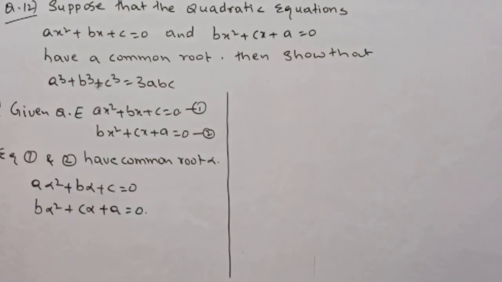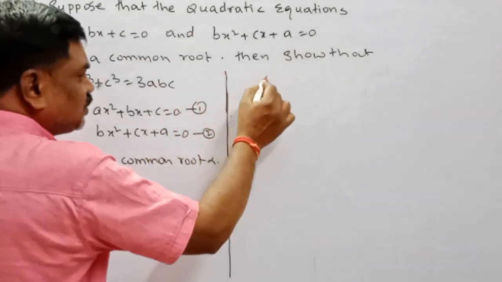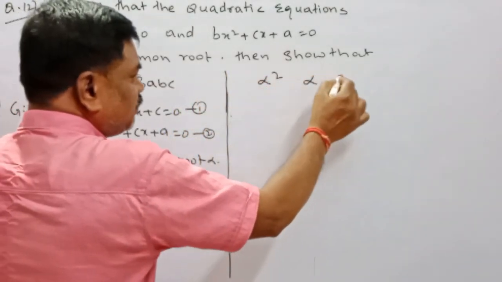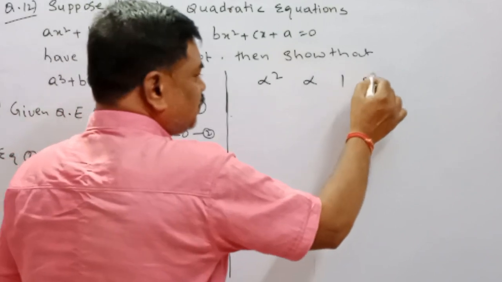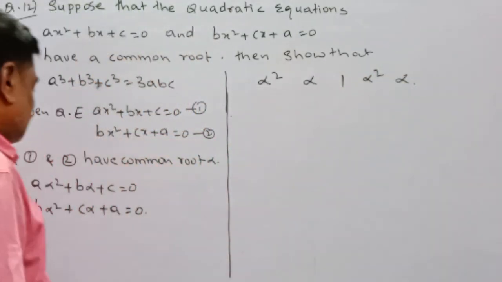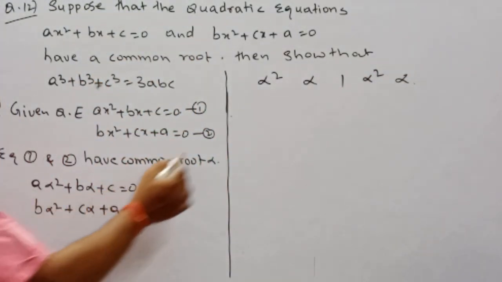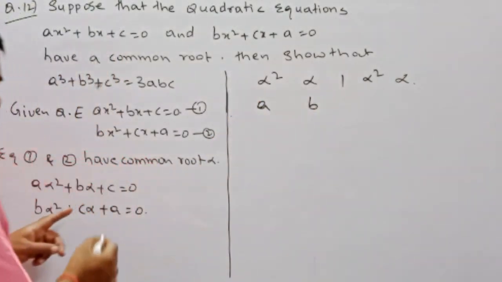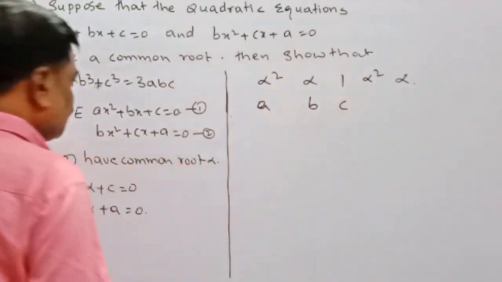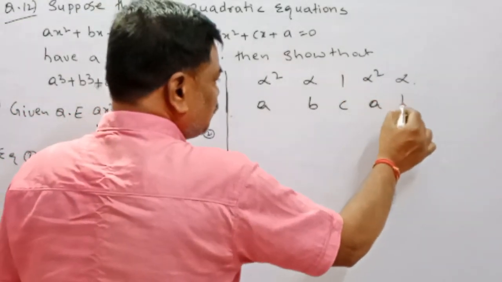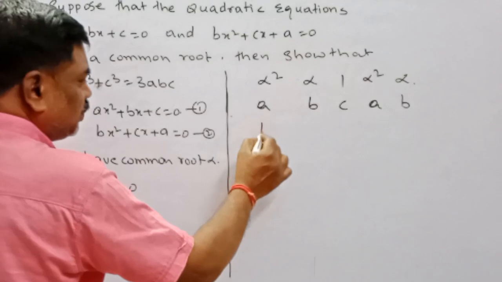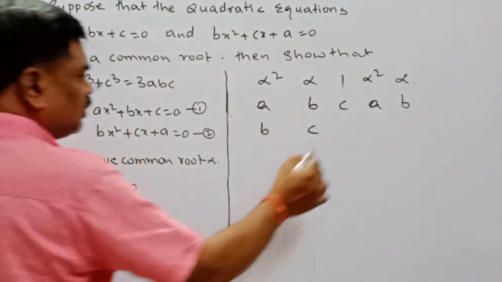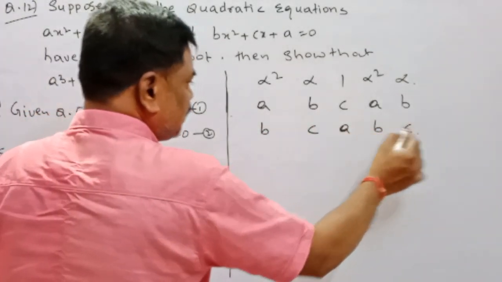You can solve these two equations for alpha square and alpha. So here you see alpha square, alpha, 1. What is the coefficient of alpha square? a, b and constants c, a, b, c.